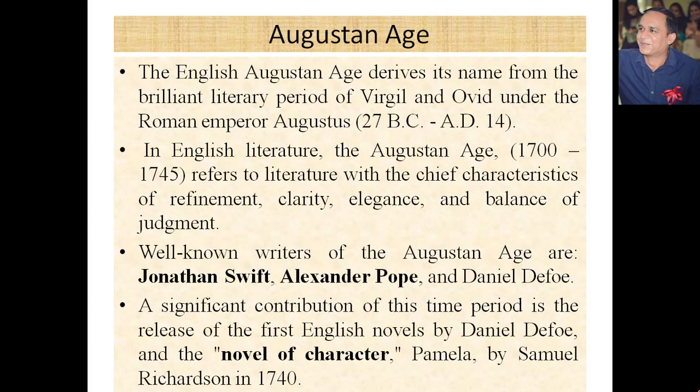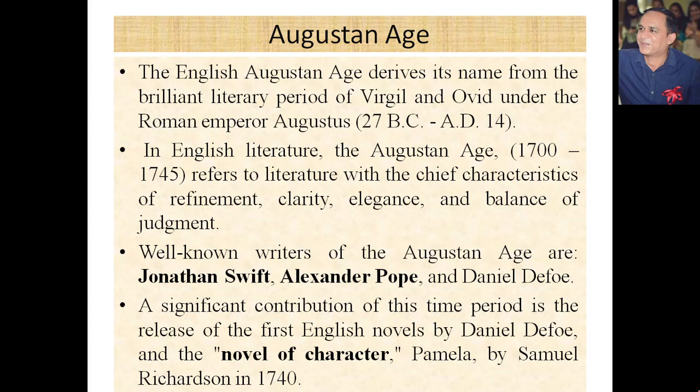Okay, so obviously, as I told you, this falls under the neoclassical age. So satire continues to be the main theme of this age also. The well-known writers of the Augustan age are Jonathan Swift, Alexander Pope, and Daniel Defoe.